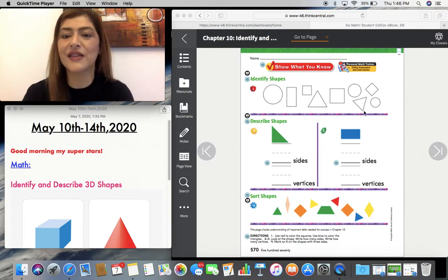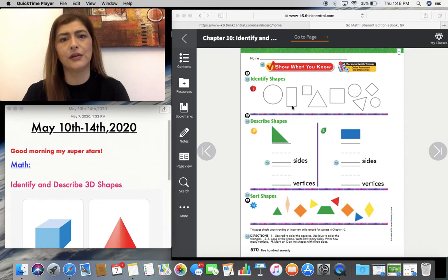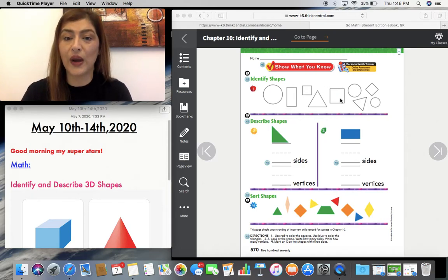That's right, the square. The square has 4 sides and 4 vertices. But is it the same as the rectangle? All the sides of the square are the same. They are equal. The rectangle, its sides are not the same. 2 are longer than the other 2.